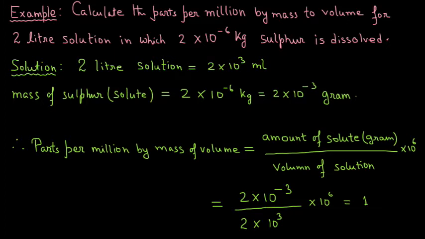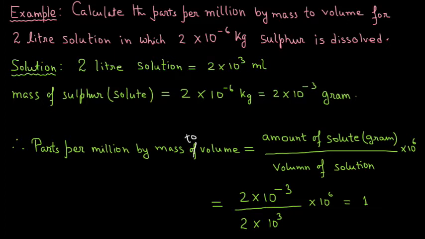Therefore, putting everything into the formula, parts per million by mass to volume is equal to amount of solute in gram upon volume of solution multiplied by 10 to the power 6.